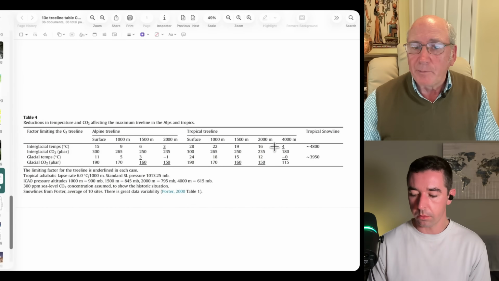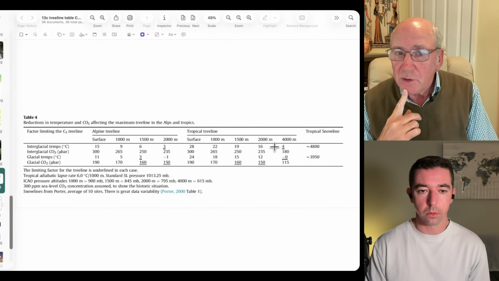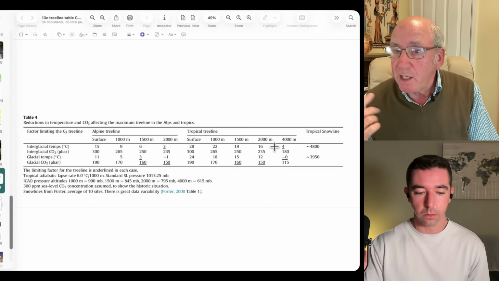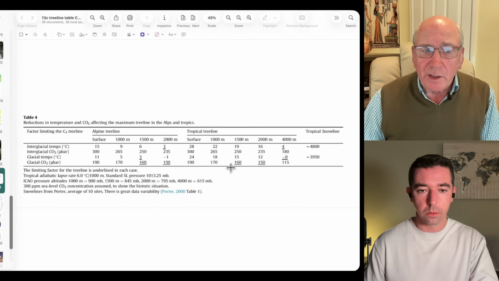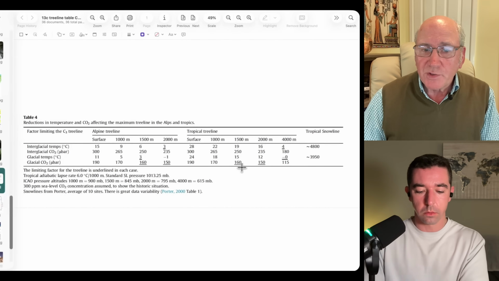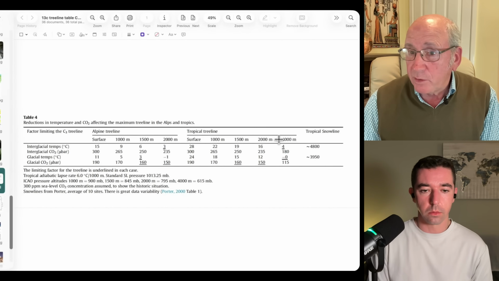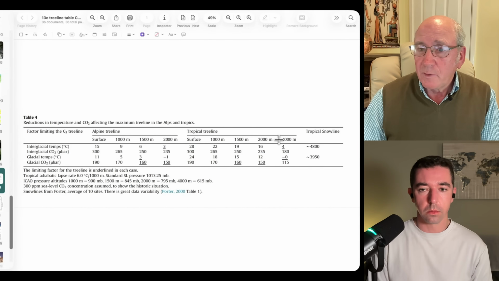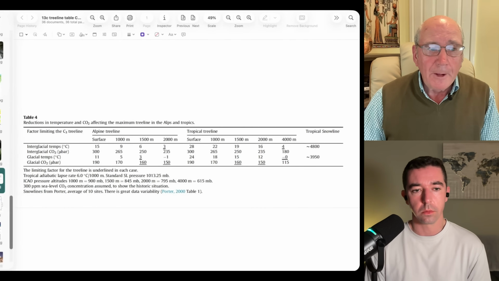So about 3,000 meters, that is the limiting factor in the current climate. In the glacial era, the limiting factor is CO2 at 1,500 meters, so much lower down the mountainside. All of the trees were dying off because of CO2.